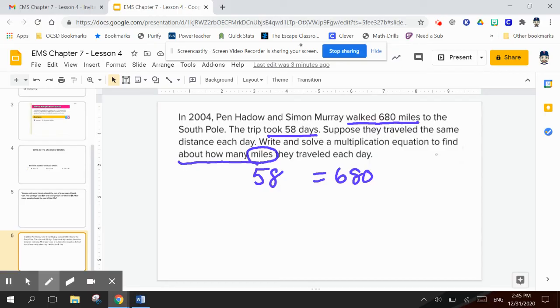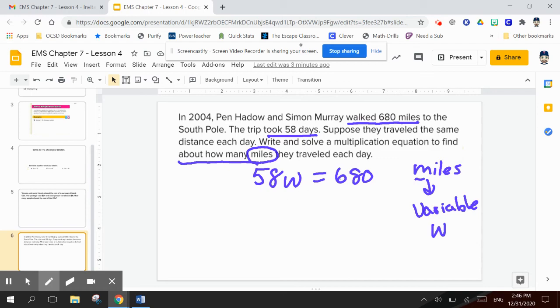So miles is the variable. And again, here you get to choose your choice of variable. You can use whatever you'd like. If you like to use M for miles, that's fine. If you like to use the first letter of your first or last name, that's fine. For me, I'm going to stick with W.